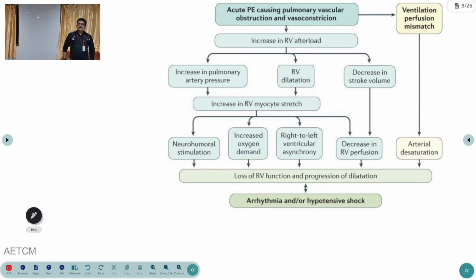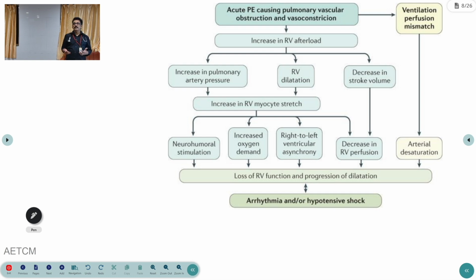Now, acute pulmonary embolism causing pulmonary vascular obstruction, these are the problems that are going to occur in the patient. The problem is mainly in the right ventricle. The right ventricle is dilated, that can produce reduced pumping, as explained in the previous slide. On top of that, when the right ventricle is dilated, the interventricular septum can move towards the left ventricle, and that itself will reduce the compliance of the left ventricle.